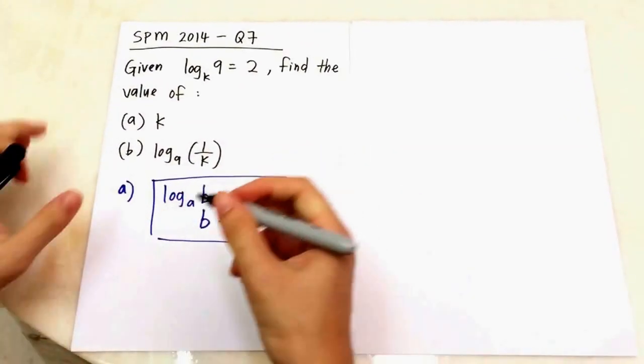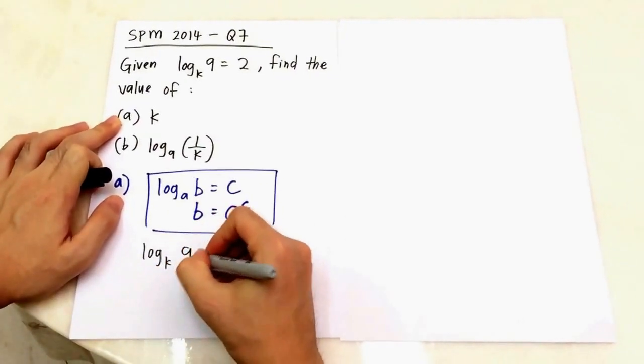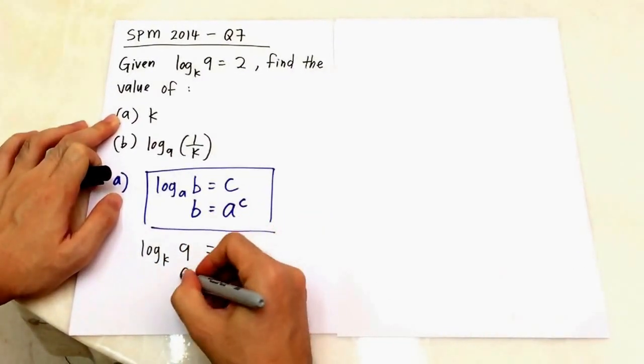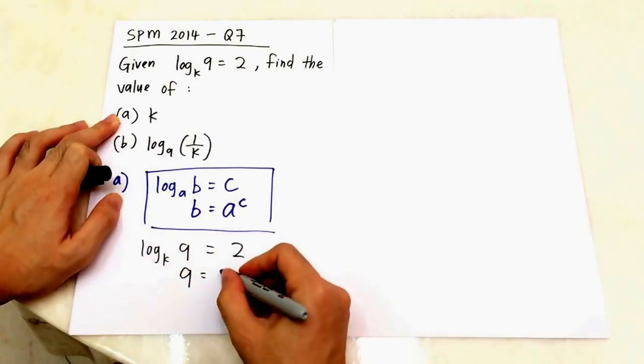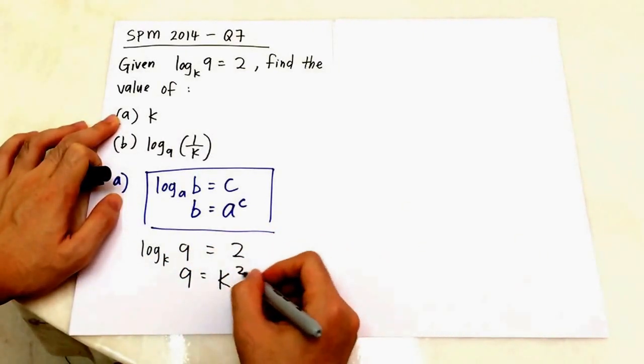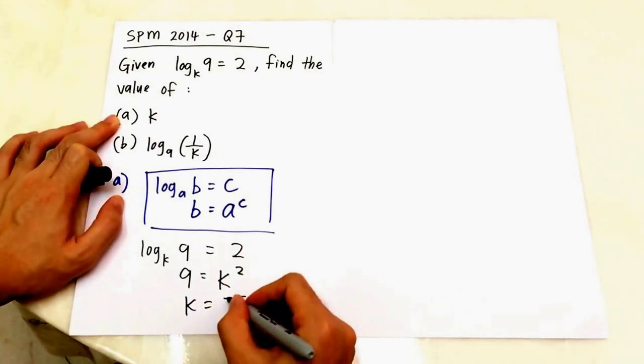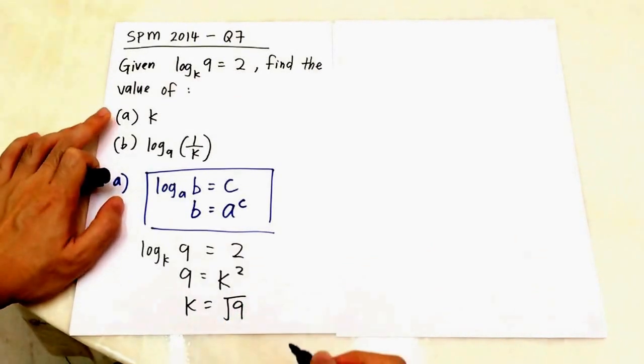So since log k 9 equals 2, if I move the k to the other side, it will become k power of 2. Then I move the power of 2 to the other side, k will equal the square root of 9.